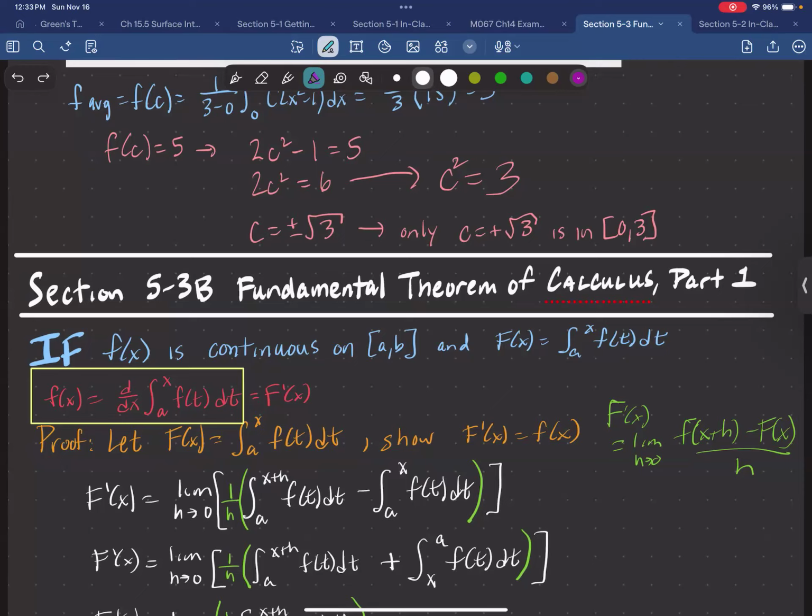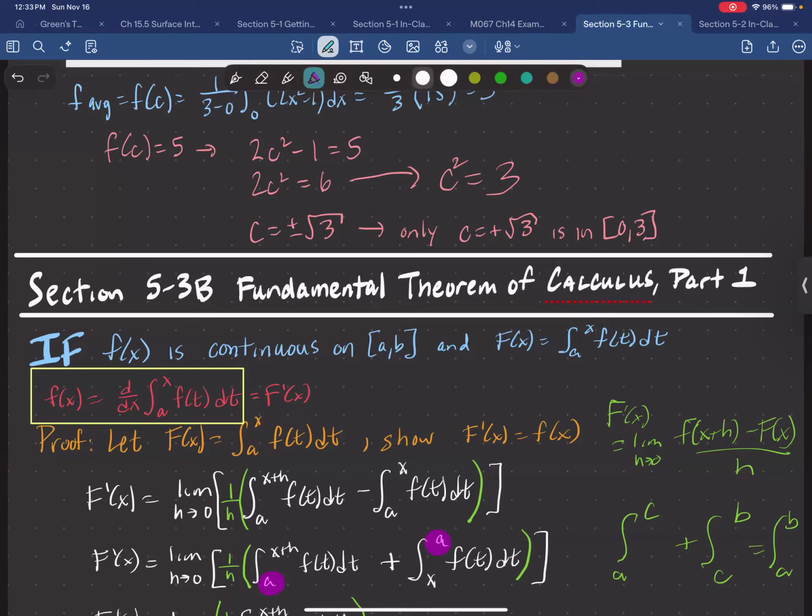Now notice I've got a here and a here. This was like when we had the integral from a to c plus c to b, we could just make that equal a to b. This was also in the last section. So that's what we're going to do here. The a here is my x, and x plus h is my b.